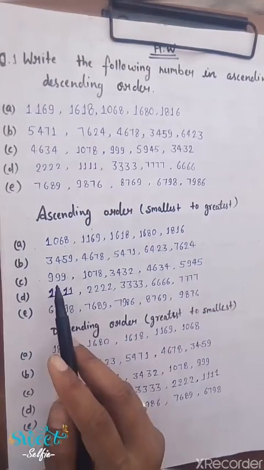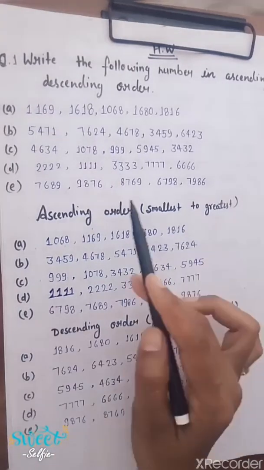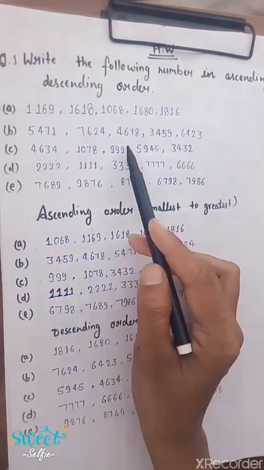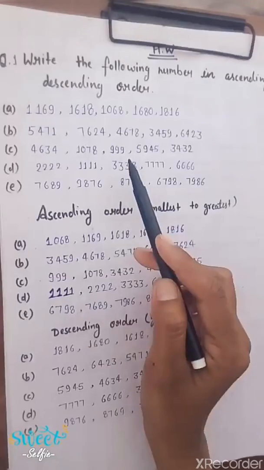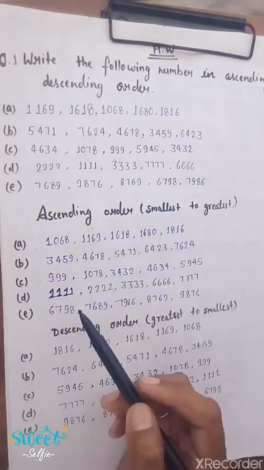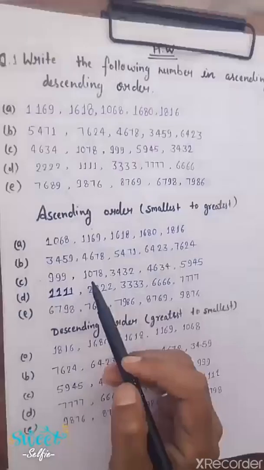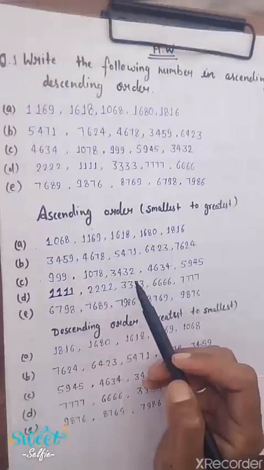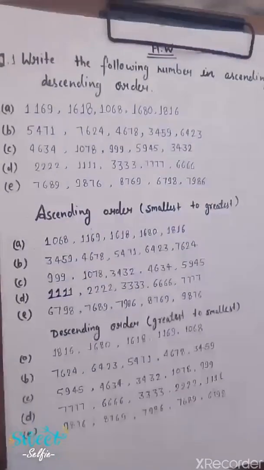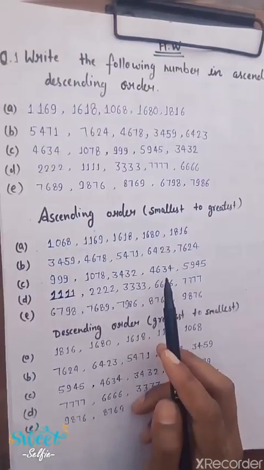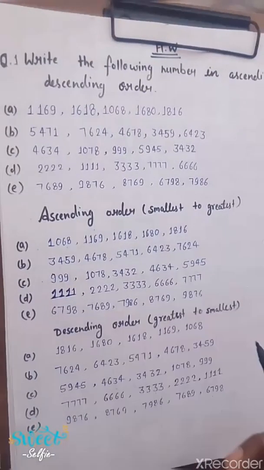See, the smallest number is, we can see here all are 4 digits, but this is the only 3 digit number. So this is the smallest number. So first is 999, second 1078, third 3432, and next 4634. Next one is 5945.